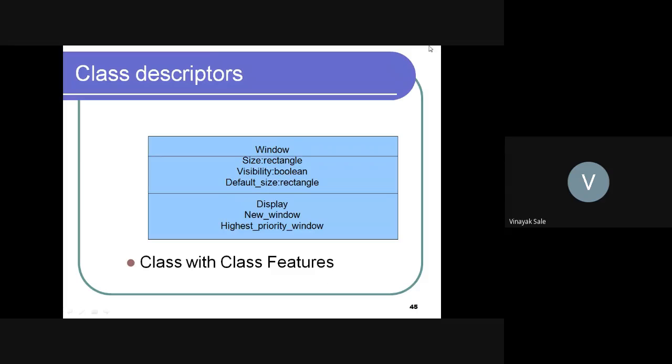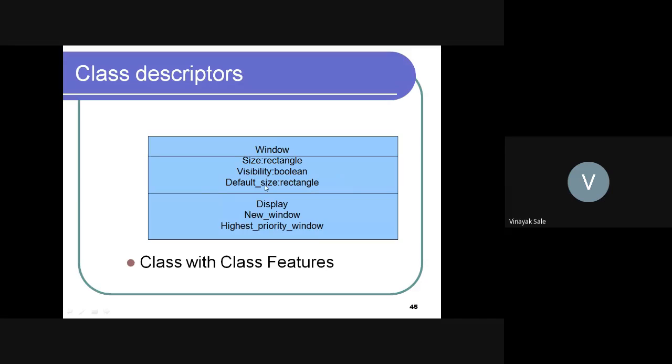See here class descriptors. Here we have studied the class. The first part indicates the class, the second part indicates the attributes, and the third part indicates the functions or operations. So the class Window has attributes such as size, rectangle, and visibility, that is boolean, true or false.